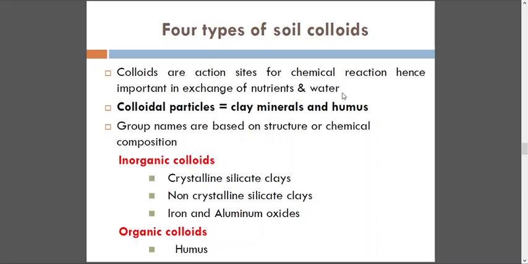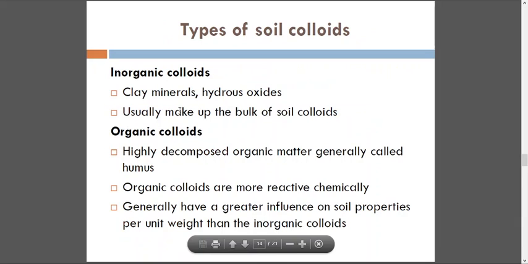These can be clay minerals or humus, and those that are clay minerals fall under the inorganic colloids. For example, the crystalline silicate clays, the non-crystalline silicate clays, and then the iron and aluminium oxides. And then the organic colloids include the humus.